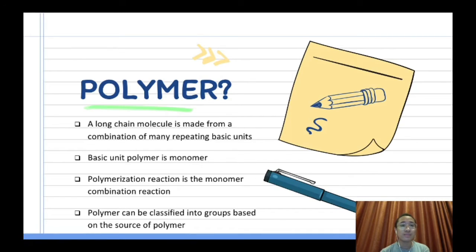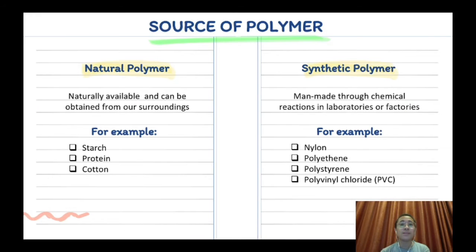So what is polymer? Polymer is a long chain molecule that is made from a combination of many repeating basic units, which are known as monomers. Polymerization reaction is the monomer combination reaction, and polymers can be classified into groups based on the source of polymer. There are two sources of polymer. The first one is natural polymer.